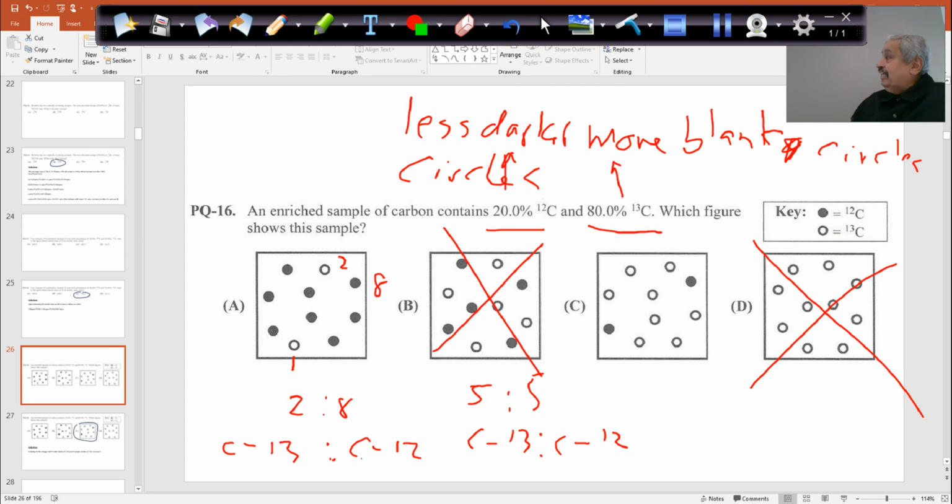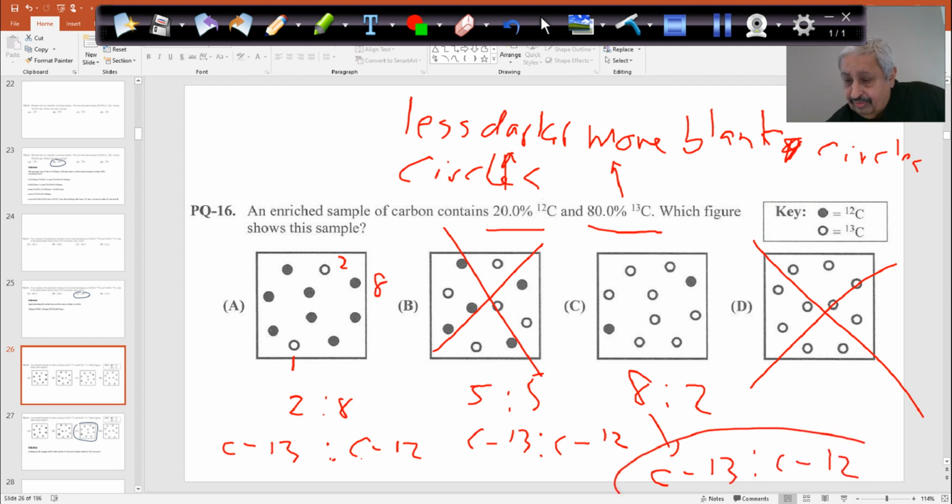Then the only ones left for me are A or C, correct? We started to see carbon 13, that's the blank one. The carbon 13, the blank one, here is 8 to 2. This is carbon 13 to carbon 12, the darker one.